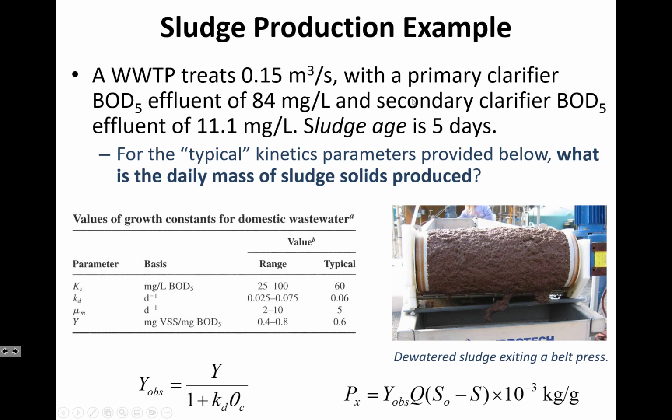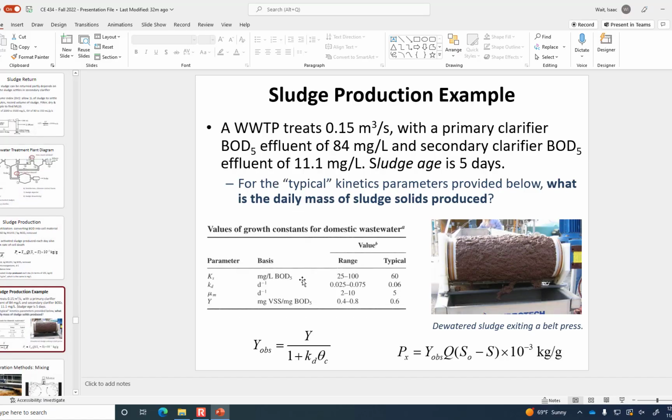That's just theta sub C. So we're going to use these same typical kinetic parameters that we've used before and calculate how much sludge mass are we going to see per day given these parameters that are in front of us. So let me pause for a second. You'll need to calculate the observed yield and then substitute all of that into the formula for P sub x.